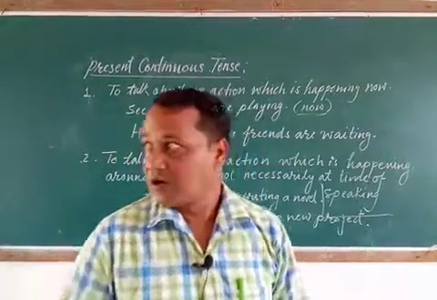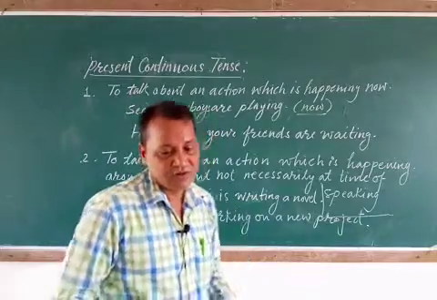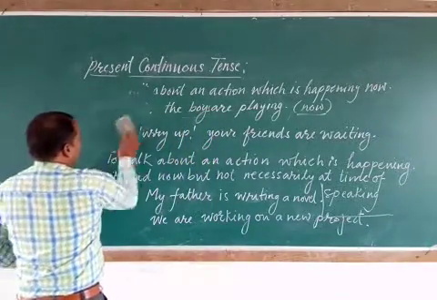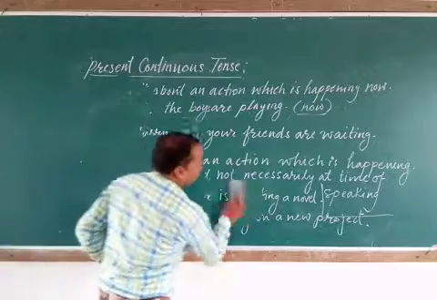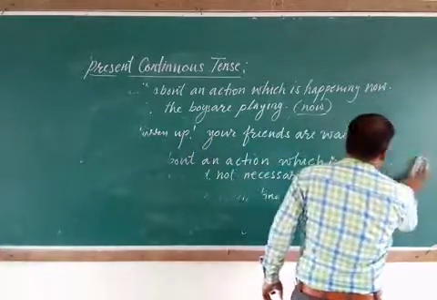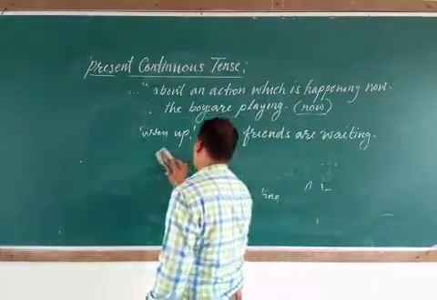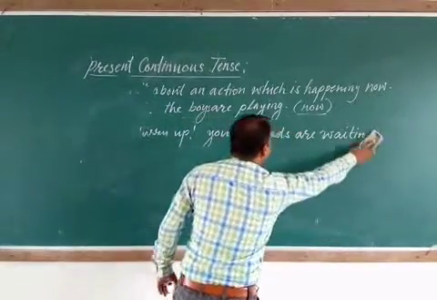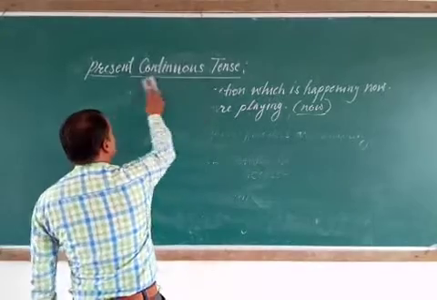So the third and last use of present continuous is to talk about people's plans or arrangements in future. Means for future planning we use this tense.